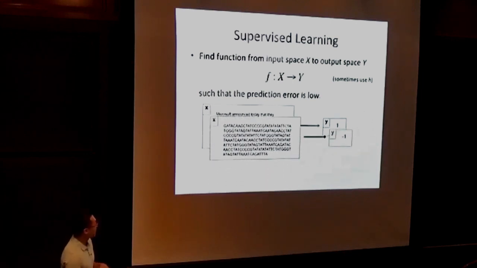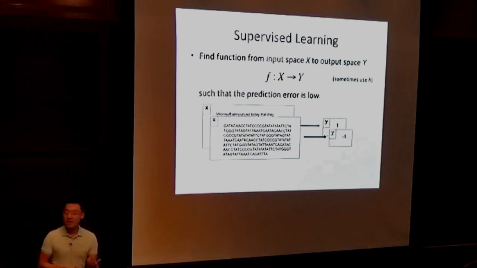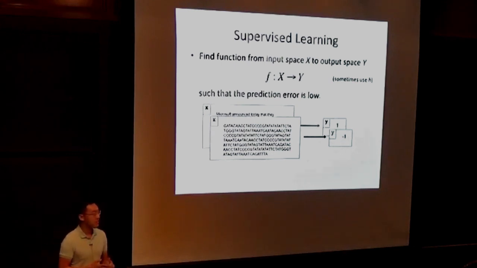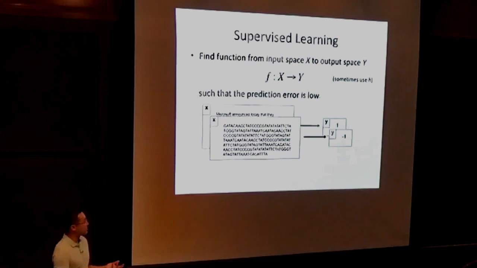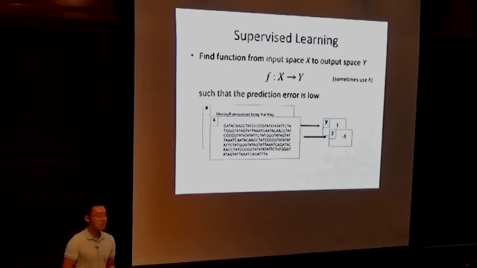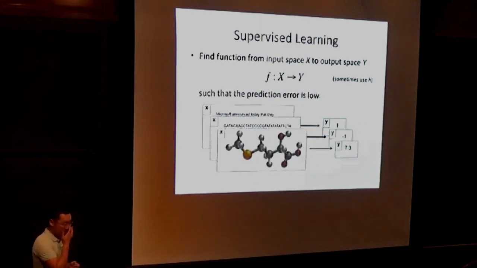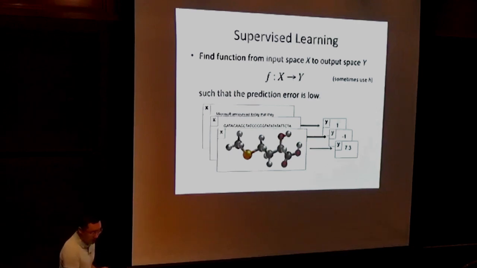Another example is if X was some set of DNA sequences and Y was an indicator of whether or not this DNA sequence encoded a specific function or is of a specific category, yes or no. Then given a pre-collected training set of such XY pairs, find an F that has a low error on the pre-collected training set when it tries to map X to Y. The final example is if X is a molecular compound and we want to predict a real-valued property rather than a categorical property, let's say the thermal stability of this particular compound.